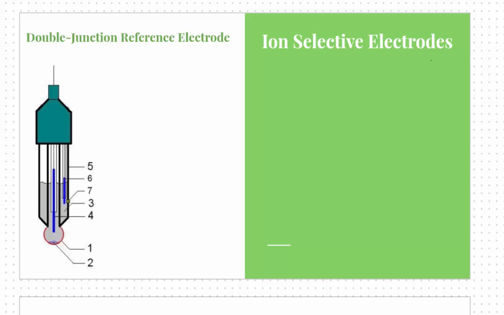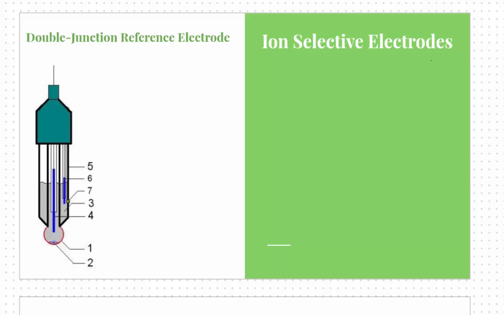So an ion selective electrode is responsive to 1 species in a solution. So it's not a redox electrode. We are looking at the differences in concentrations of a specific analyte. And that tends to occur by creating a concentration cell.